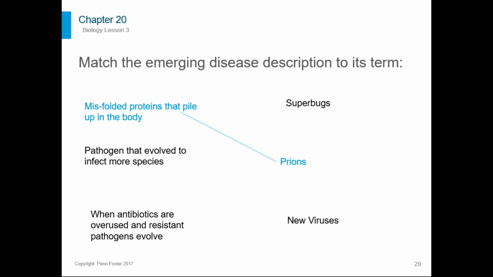Pathogens that evolve to infect more species than they used to, we just kind of refer to them as new viruses. And when antibiotics are overused and resistant pathogens evolve, we get superbugs.